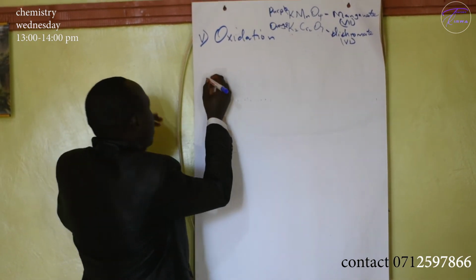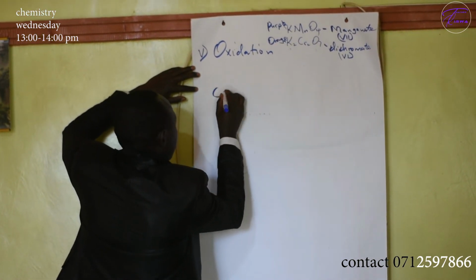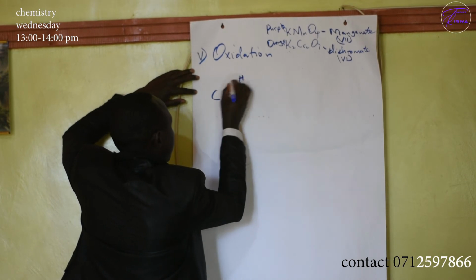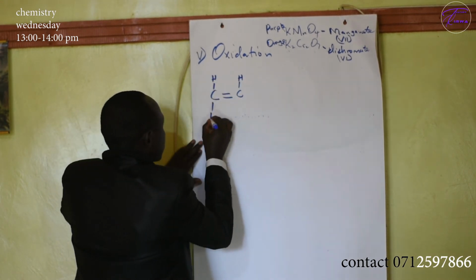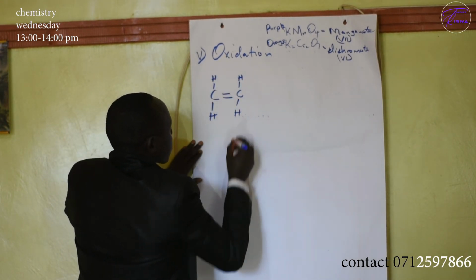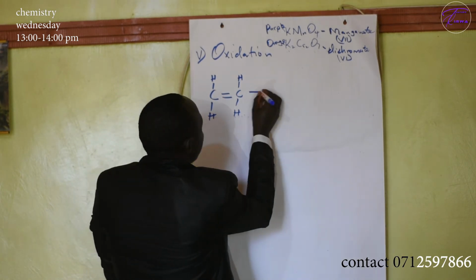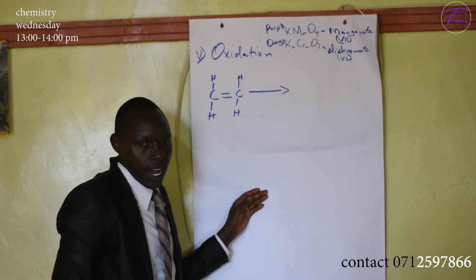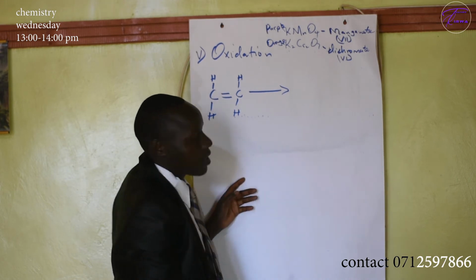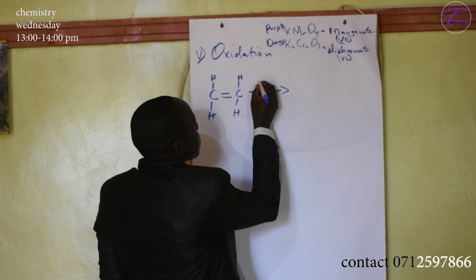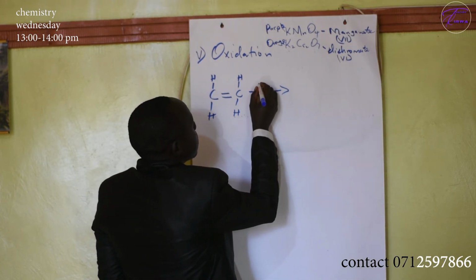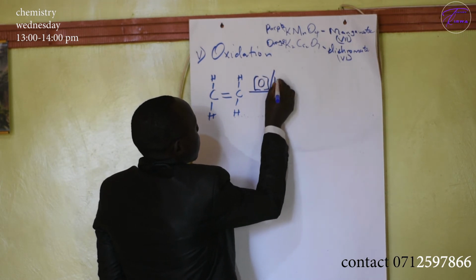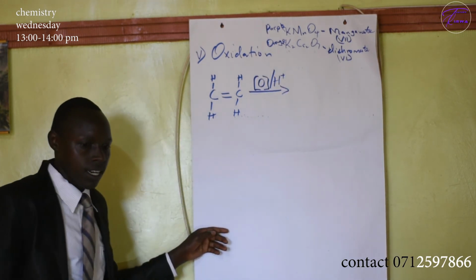Now, if we had an alkene like ethene, when potassium manganate 7 or potassium dichromate 6 is added, we normally represent it like this.